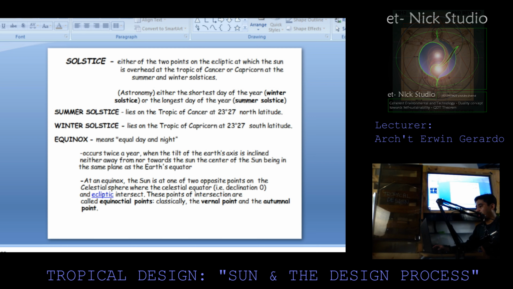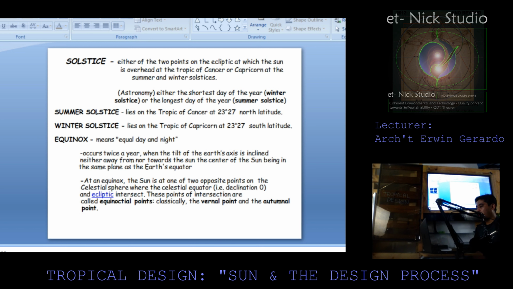In astronomy, either the shortest day of the year, winter solstice, or the longest day, the summer solstice. It lies on Tropic of Cancer at 23 degrees 27 minutes north latitude. Winter solstice lies on the Tropic of Capricorn at 23 degrees 27 minutes south latitude.